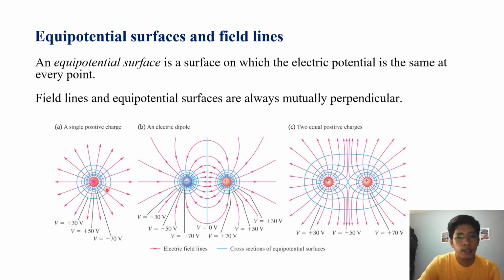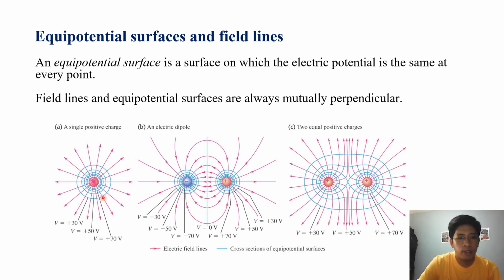If you measure the potential anywhere around this one circle, you get a potential of equal value. So you call this circle an equipotential surface. And take note that this is three-dimensional. We're just looking at the cross section. So you actually have a sphere surrounding your charge, and the sphere is an equipotential surface.